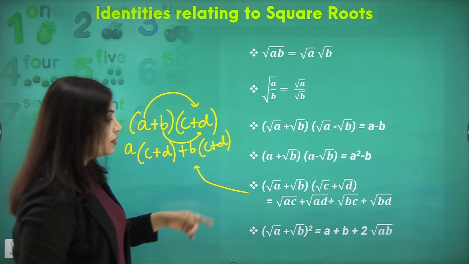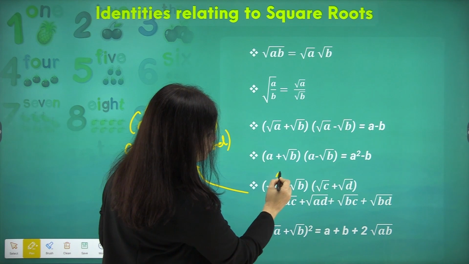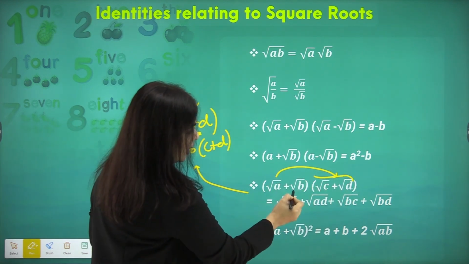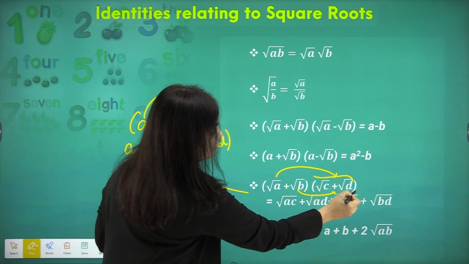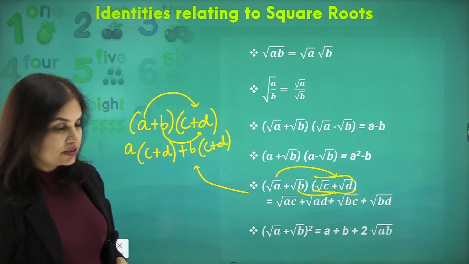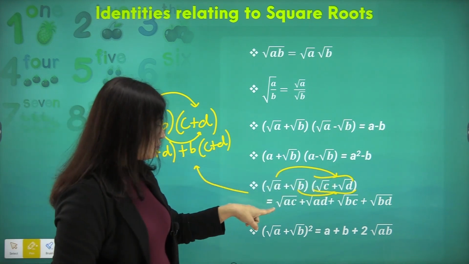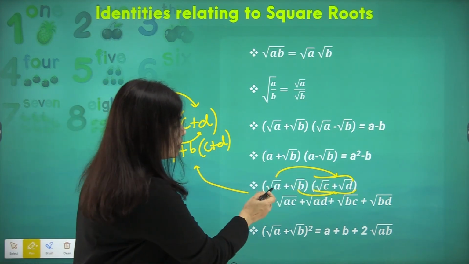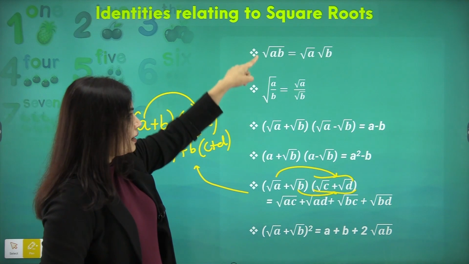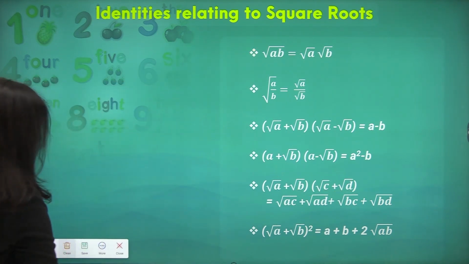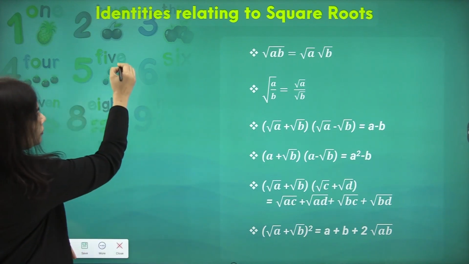Following this rule, root a is multiplied with whole of c plus d and plus root b is multiplied with whole of c plus d. Multiplying root a with root c plus d will give you root a into c, and again going back to the first law. Let me explain this to you more clearly.